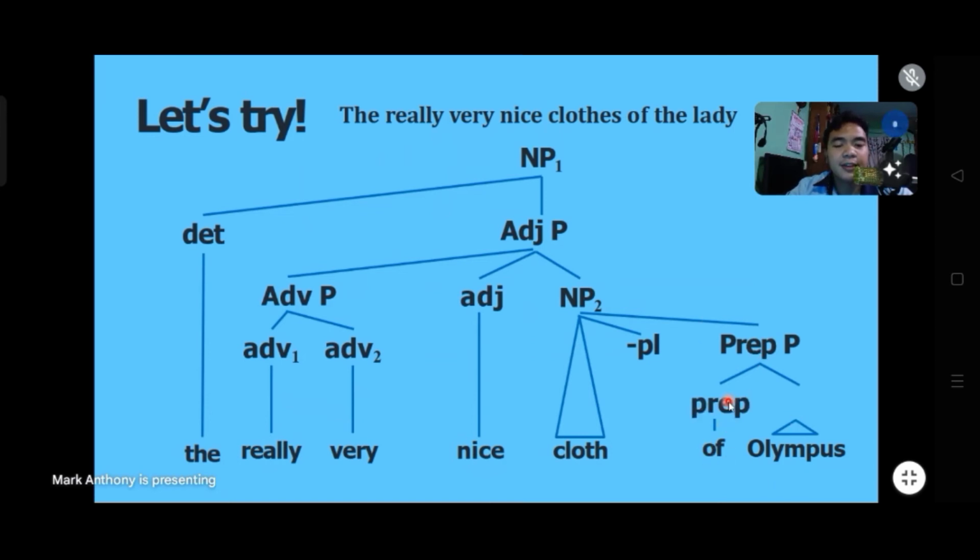There we have the preposition of, and then another noun, or the third noun phrase present in the sentence, which is the word Olympus. And there we have it. That is the basic structure rule for the adjective phrase.